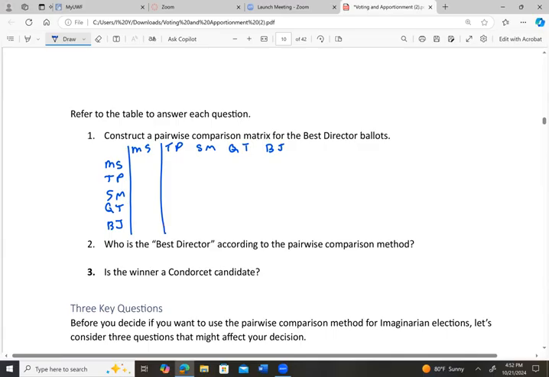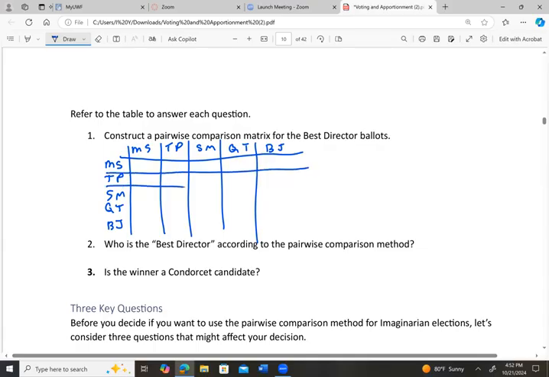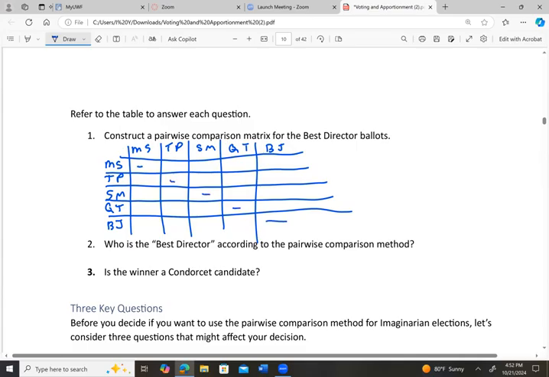So essentially what I'm going to do is treat this as a battle. Well, MS won't fight MS. TP won't go against TP, and so forth. So these are all gone. There's no comparison. Now we have MS in comparison with TP.